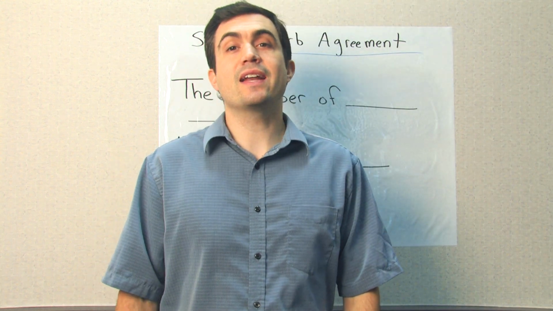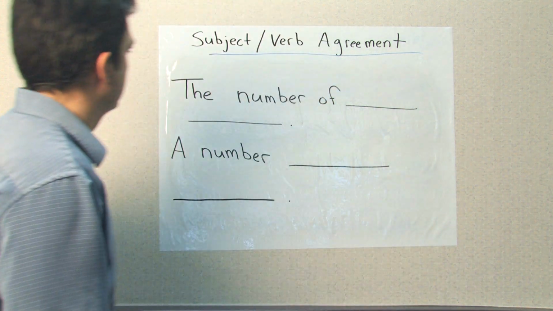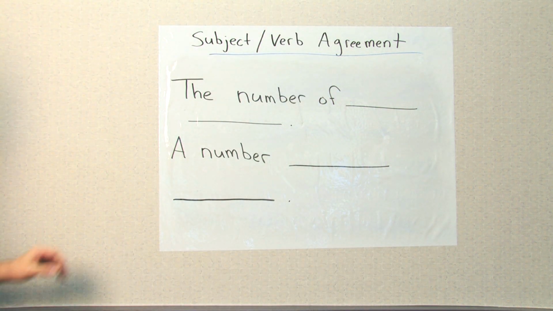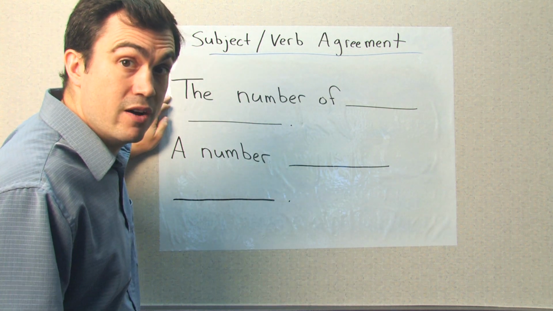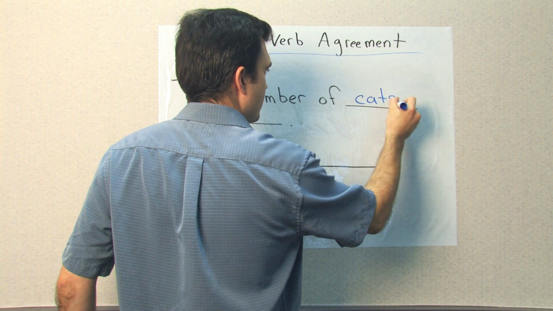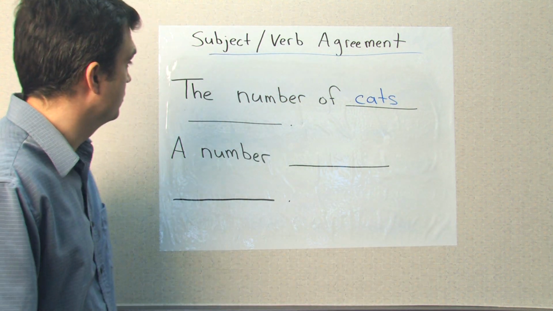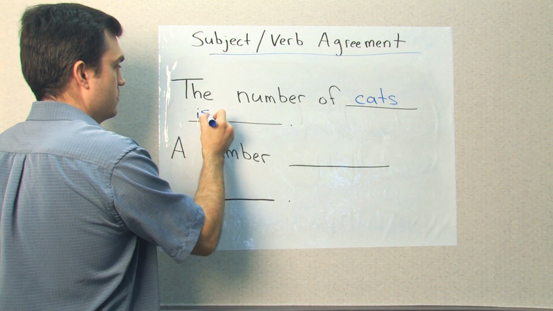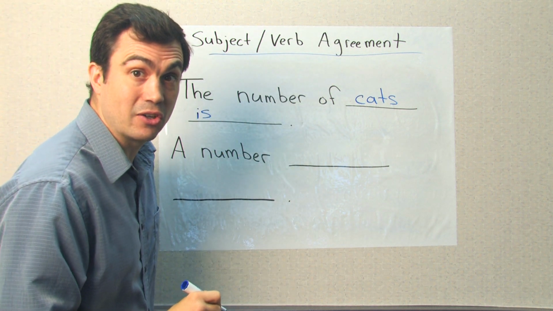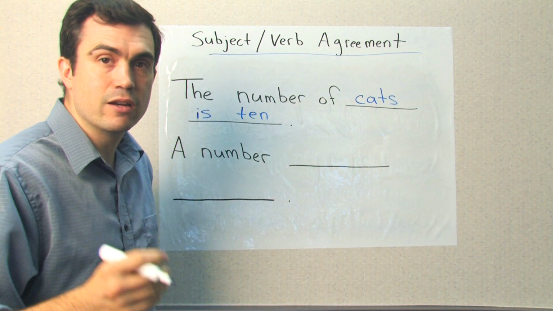Okay, let's look at the number and a number. The number of cats, plural, is singular. 10, for example.